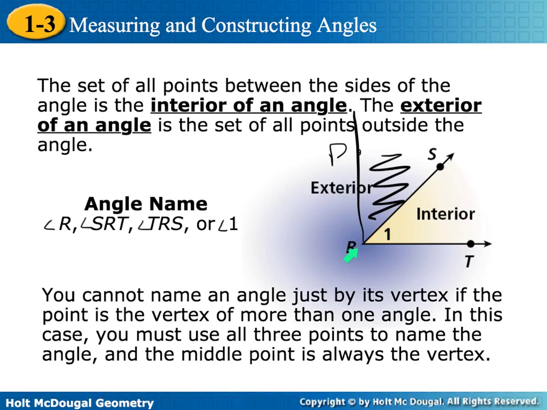R goes with this angle and this angle. So if I'm going to name this yellow angle, I either have to use angle 1, because the 1's been given, or angle SRT, TRS, and then this black shaded in angle, I have to either call PRS or SRP. When there's two angles with the same vertex, R touches both, you have to use at least 3 points to name it.